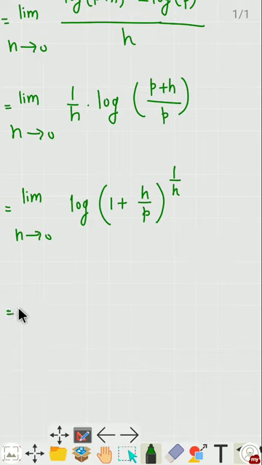And it is equal to the limit h tends to 0.